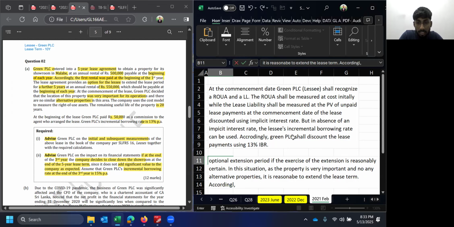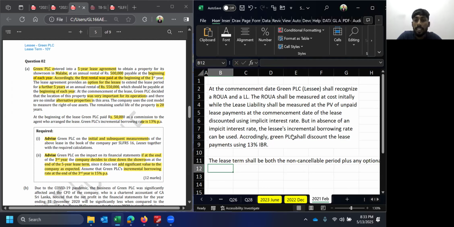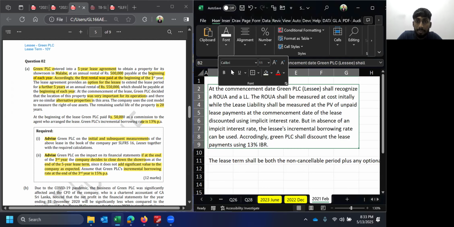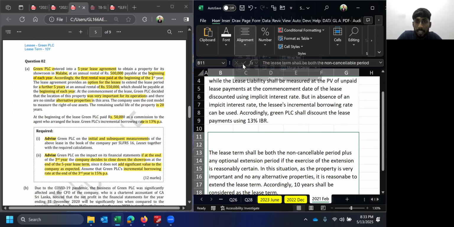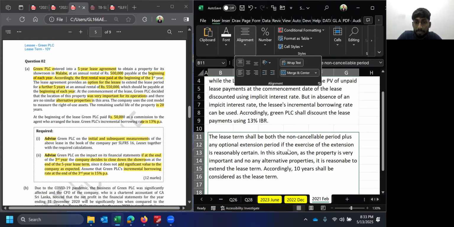Accordingly, 10 years shall be considered as the lease term.